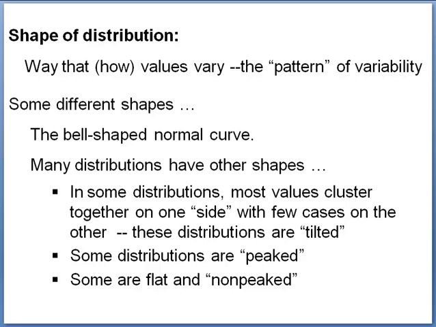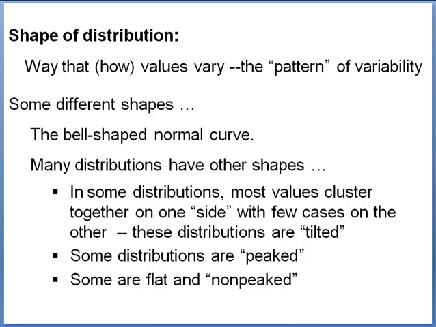A second thing that we do in describing data is summarize variability around central tendency, and our measures of variability give a sense of how spread out the data are.